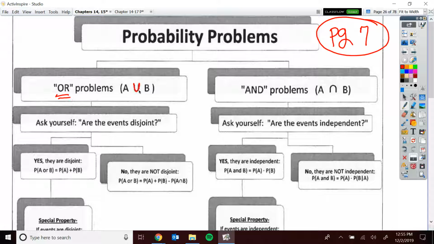And this is a symbol called union. And you told me a second ago we added those. The reason we could just add them together, the probability of American plus the probability of British or whatever, is because they were disjoint events.